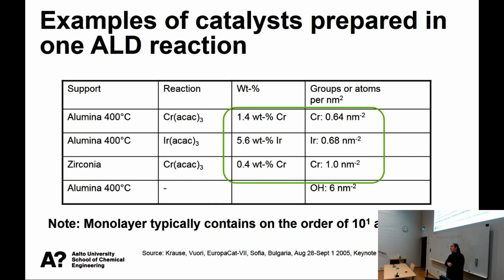These numbers are always quite close to 10. Not exactly 10, but they are not 1 and they are not 100. They are 10, 12, 13, something like that. So that's the order of magnitude that we are talking about. And then you can compare that to the amount. And if we talk of a monolayer, well, we are much below a monolayer here, right? 1/10 of a monolayer or something.